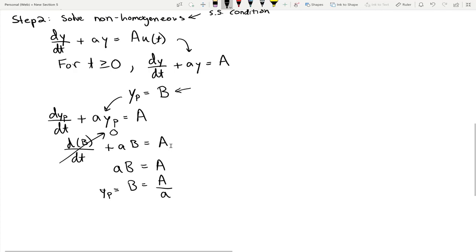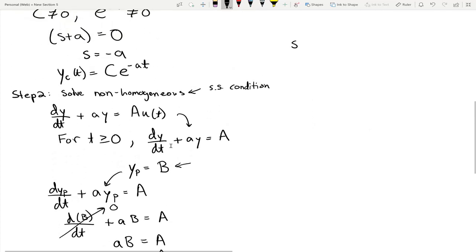Now I have step 3, which is to combine yp and yc. So y of t equals yp plus yc.